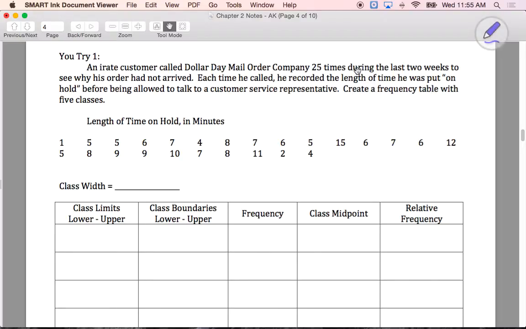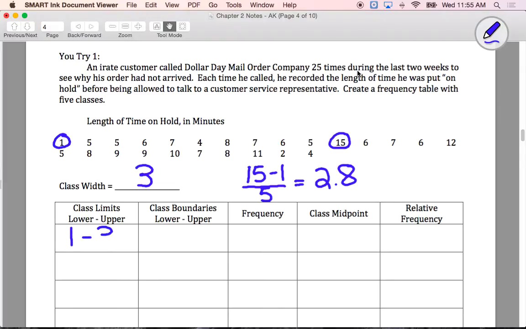In my group here, my smallest is 1, my biggest is 15. So you should have done 15 minus 1, divided by the number of classes, so 5. So when I subtract and divide, we get 2.8. But remember, we can't have 2.8, we have to have 3. That means there are 3 numbers in your group.